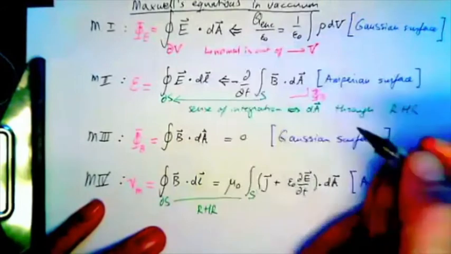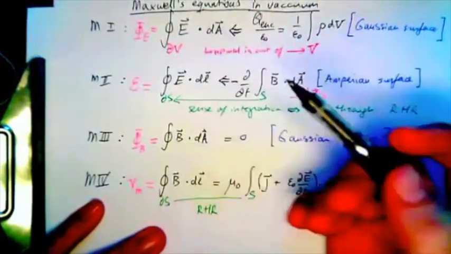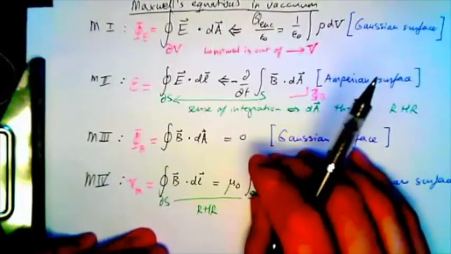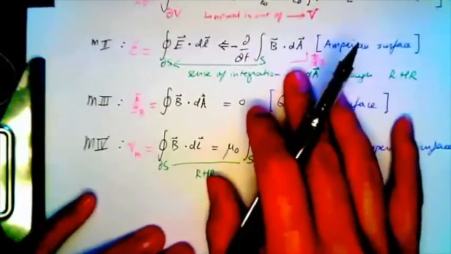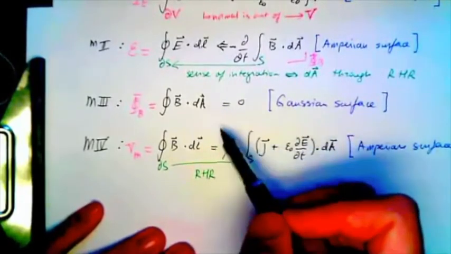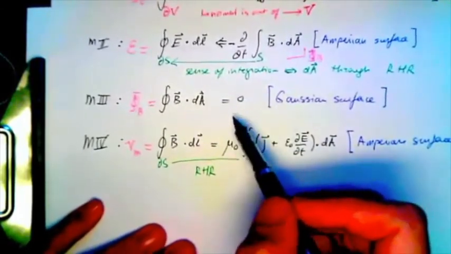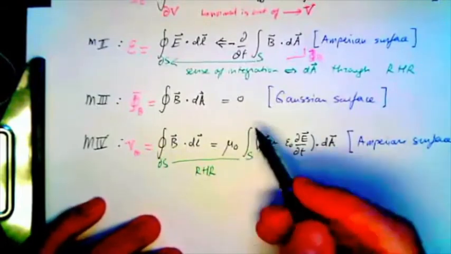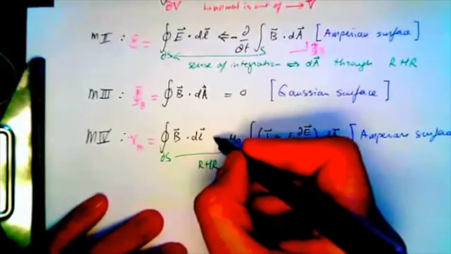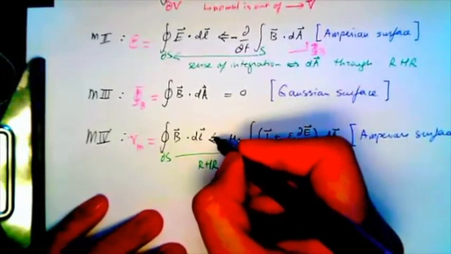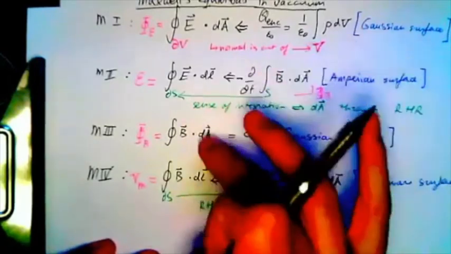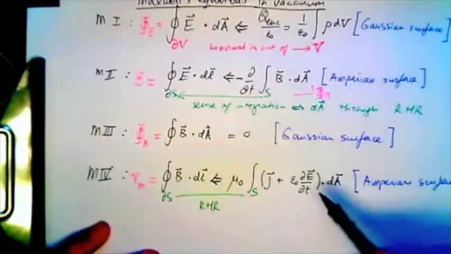So causality goes this way. I don't know why we always write them in this order. Sometimes I think we should just adopt the shorthand to reverse them. And then for the Gaussian surface, we don't need to do anything because causality doesn't run anyway if you have a 0. And in this case, this is generating the B field. So it goes from right to left in this case.